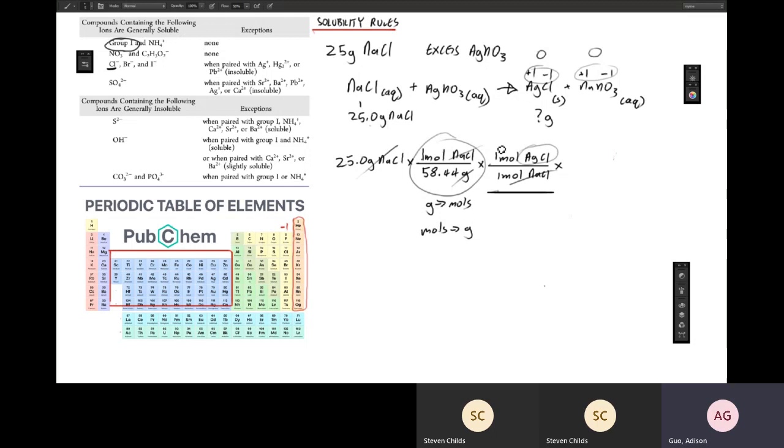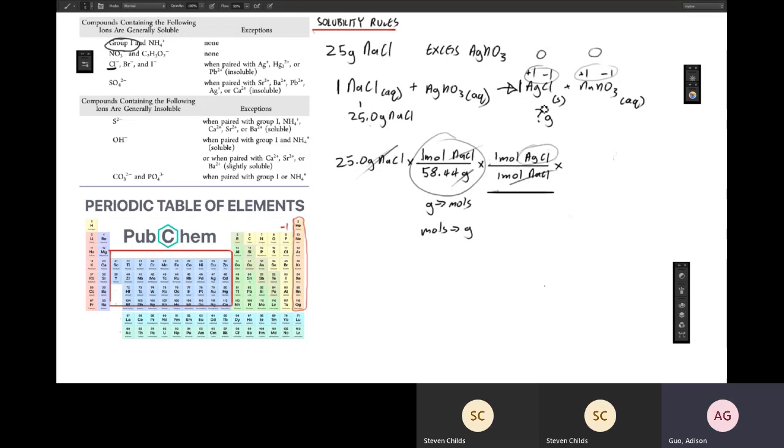We got this 1-to-1 ratio from the equation. There's 1 mole of sodium chloride to 1 mole of silver chloride. So we've effectively turned our grams of sodium chloride into moles of sodium chloride, and then moles of sodium chloride into moles of silver chloride.